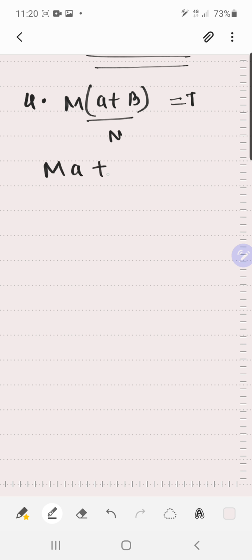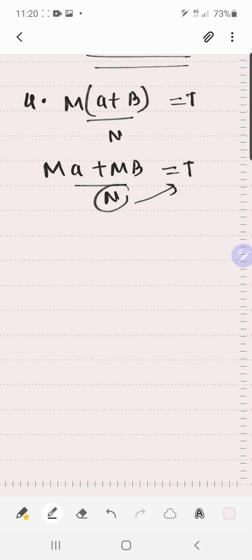Problem number 4. M times (A plus B) upon N is equal to T. You have to make A the subject. So first open up the brackets if you want. Now you want A, so you want to take this N over to the right hand side, transpose.